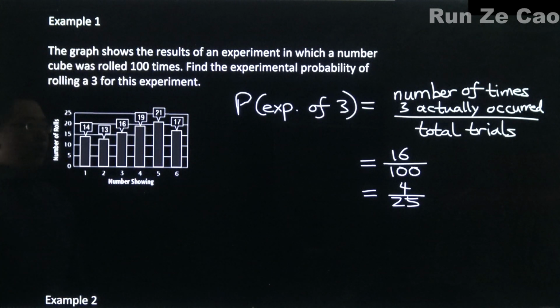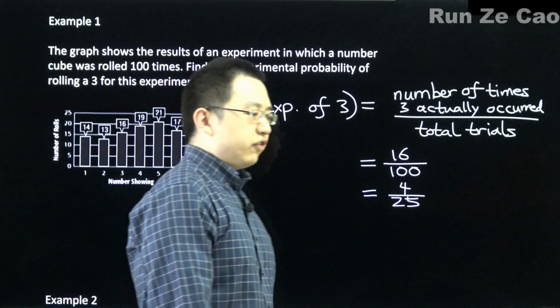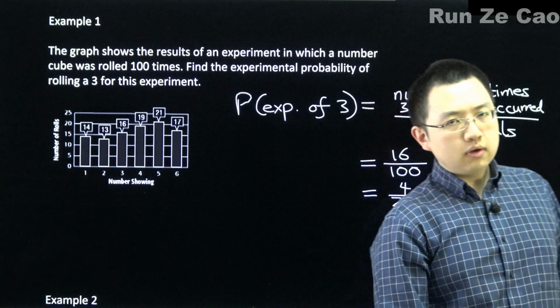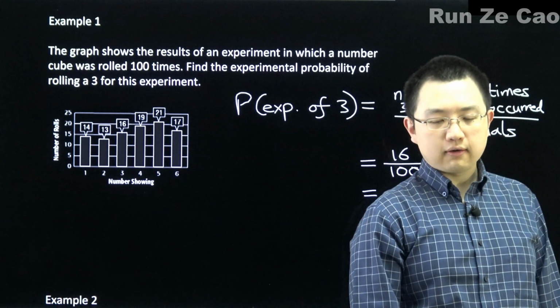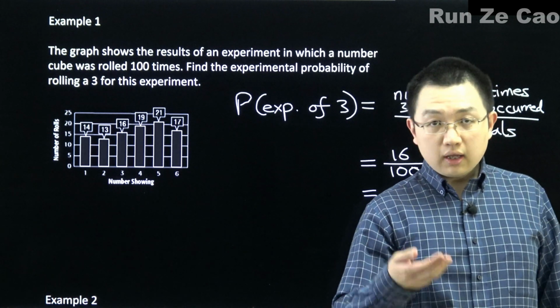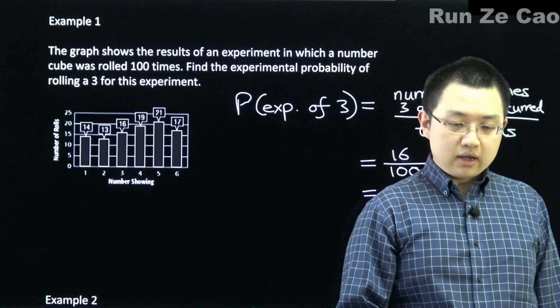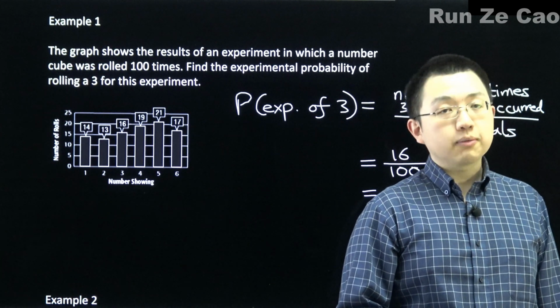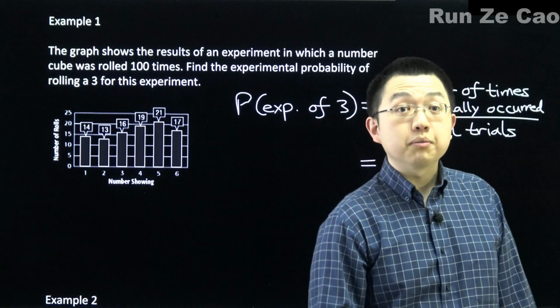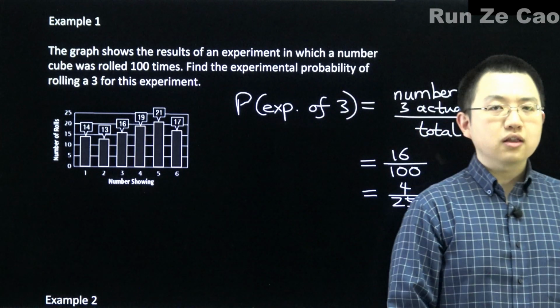Now, your experimental probability does not have to match your theoretical. It doesn't even have to be all that close to your theoretical. For example, if you throw a coin once, you end up with the experimental probability of the outcome you actually got being 1 and the other one being 0.